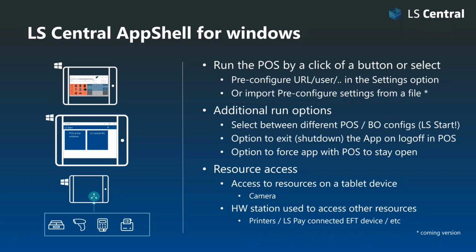Or it can work as the other LS Central AppShells, that you choose a single one that is started automatically when the Windows AppShell is run. Now in this version, it is also possible to configure the AppShell itself to close when the user logs off the POS. And there's also the possibility to limit the POS user from being able to exit the browser directly. Now the Windows version will not have the same device support as the Android version. As it's a Windows version, it can use the hardware station to connect to devices.